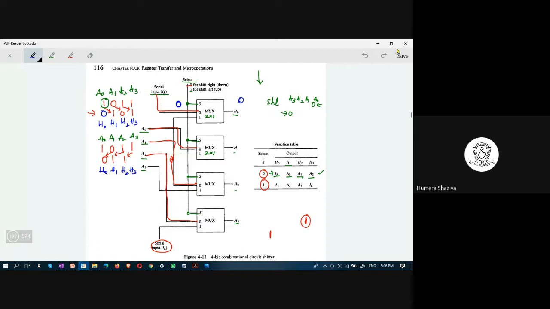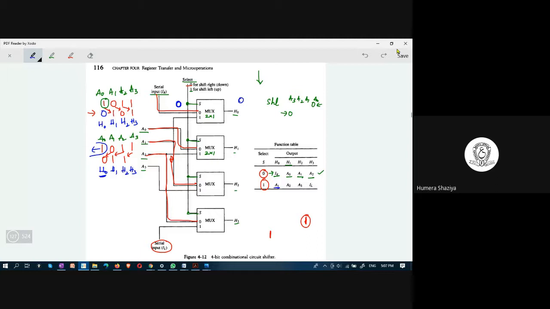Here, H0 would get A1 because this is serial out. You are eliminating this bit, no? A0 is coming out. H0 is equal to A1.